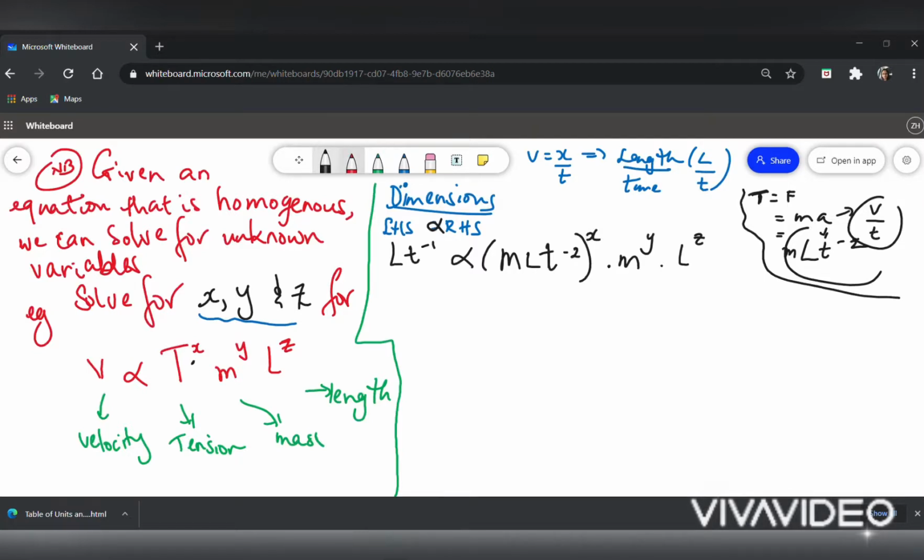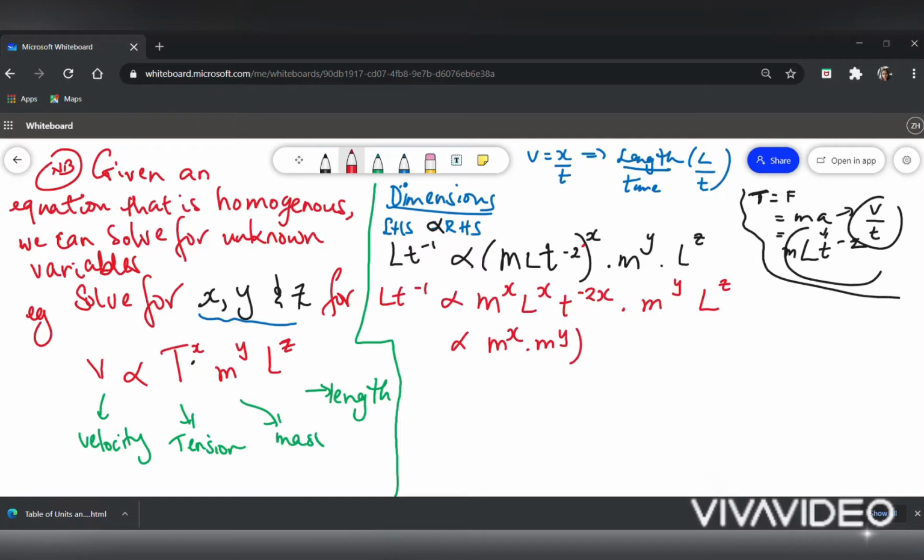So once again we're going to use indices. So L T to the power of minus 1 is directly proportional to everything inside here raised to the power of x, which is that power outside. So we get M to the power of x, L to the power of x, T to the power of, keep in mind this is minus 2 by x, so minus 2x, then M to the power of y, L to the power of z. Let's do some grouping, shall we? I'm leaving my left-hand side as it is. Bringing my M's together, I will end up with M to the power of x multiplied by M to the power of y.